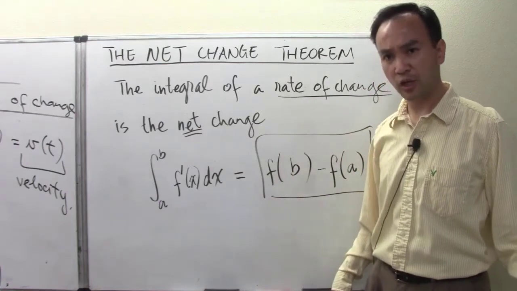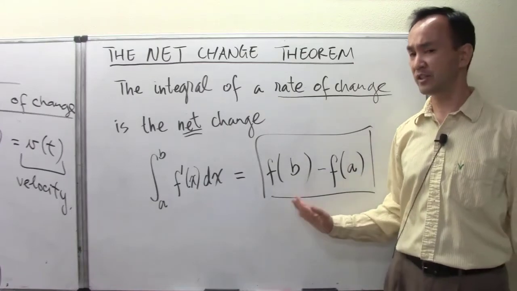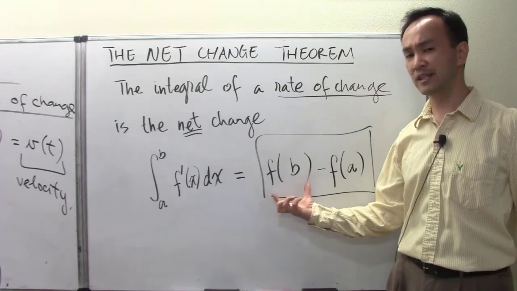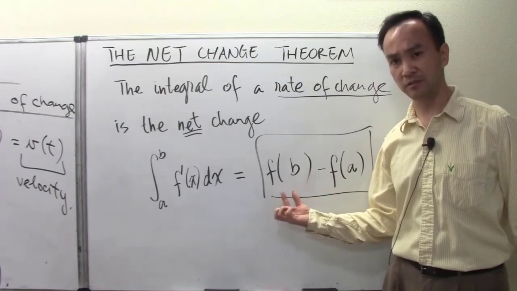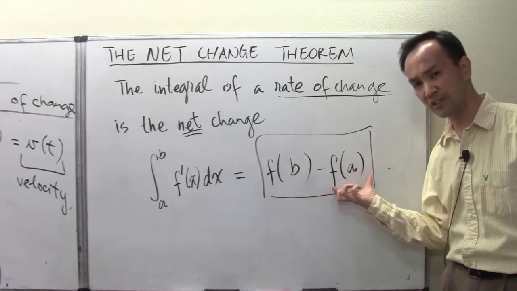Back to the question I raised earlier: why not simply compute the net change by taking the cost value at b production and subtracting the total cost value at a production?